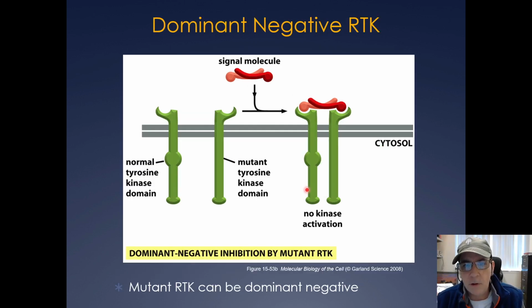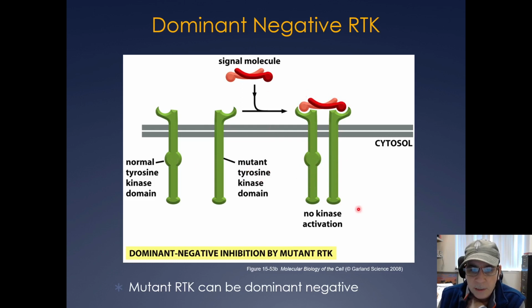And because of that cross-phosphorylation, you can actually get dominant negative mutations in them. So here is basically a normal tyrosine kinase. If you have a mutant tyrosine kinase along with that, then all of a sudden when the signaling molecule binds, there can be no cross-phosphorylation.